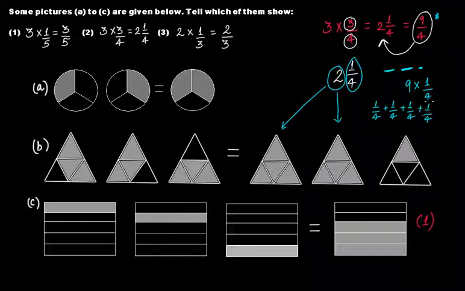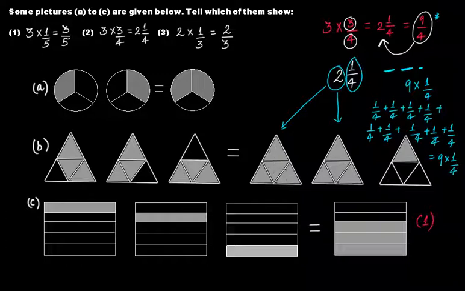Similarly for this one, so again you'll write 4 times 1 by 4 plus 1 by 4 plus 1 by 4 plus 1 by 4. So we have written 8 times and this is the ninth 1 by 4. So this will give you 9 times 1 by 4. That is, you should have nine 1 by 4s.